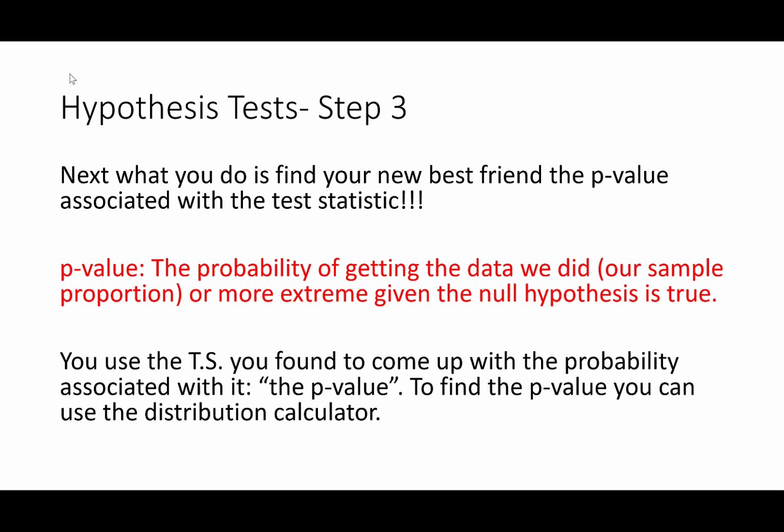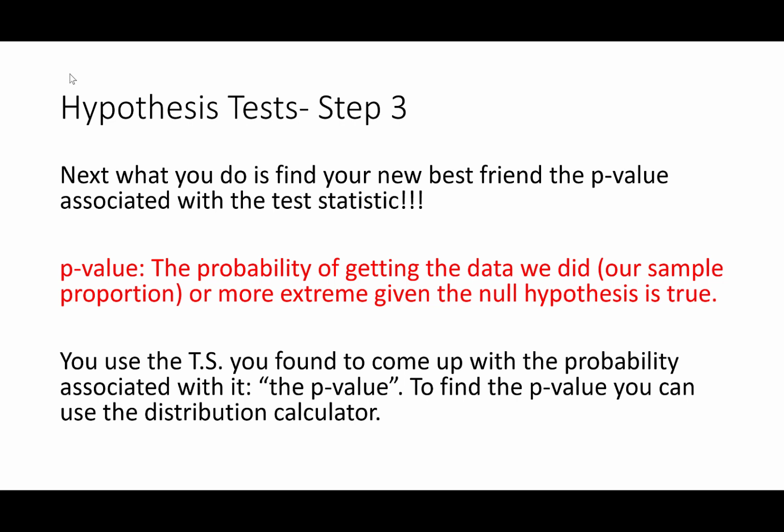And if that likelihood is very small, our assumption of the null hypothesis being true most likely would be false. If it's really unlikely for you to have gotten the data that you did, assuming the null's true, then maybe that assumption is false. So the smaller p-value we have, the more evidence we have against our null hypothesis, the more unlikely it is that your null hypothesis is true.